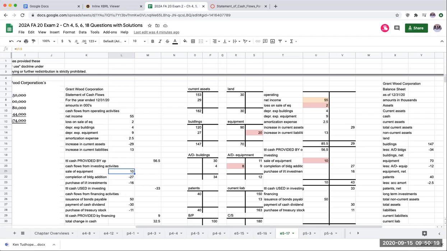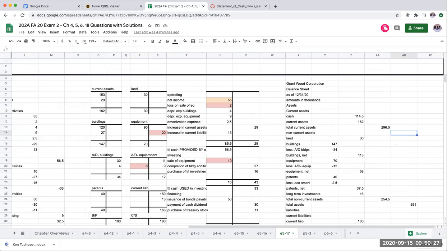In terms of the balance sheet, they aggregated their current assets and their cash. I wouldn't do that. I'd break it out. Over here, the land, buildings, equipment, and then the patent and intangible assets, they're listing this out separately. I just kind of dumped them all down here.